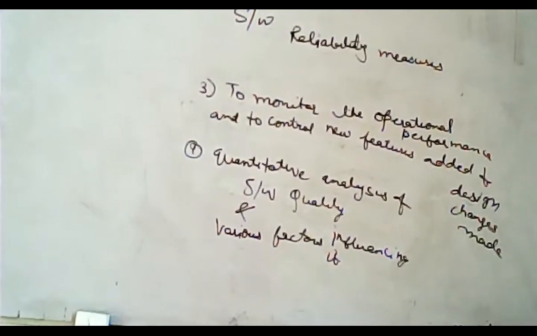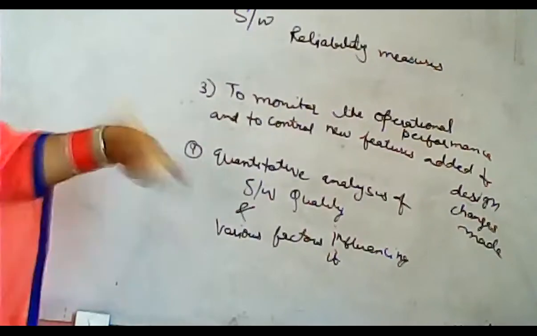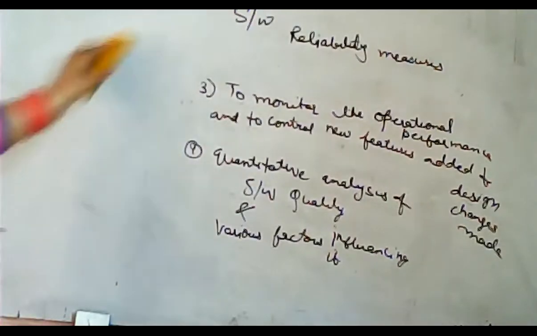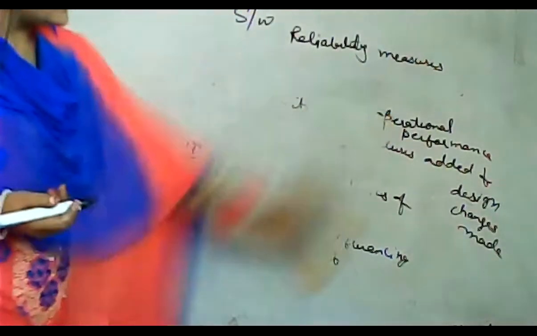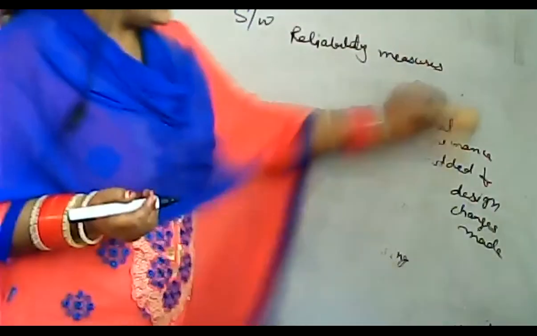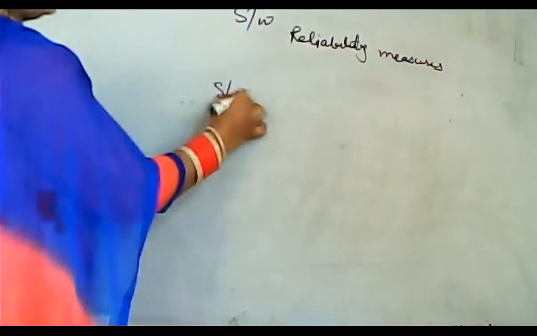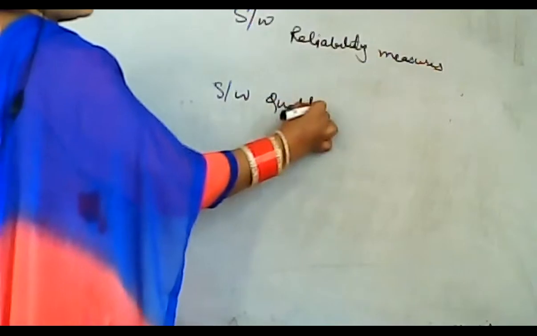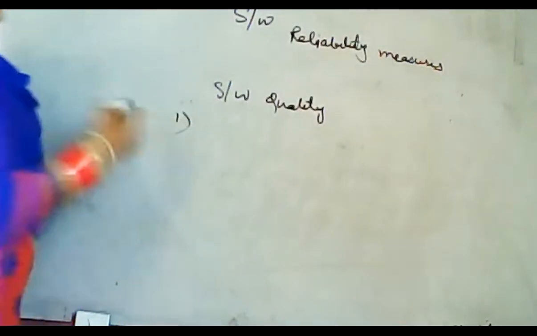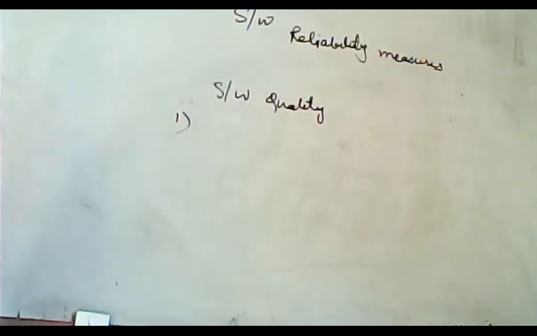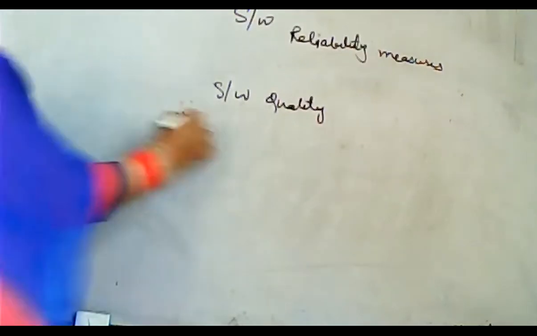But if software reliability measures the software quality in a quantitative way, then what is quality? What is software quality? Software quality can be defined in different ways. If your software quality is good, it is according to the conformance of requirement.